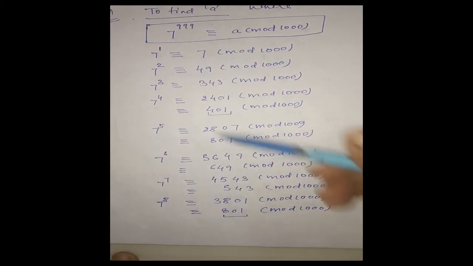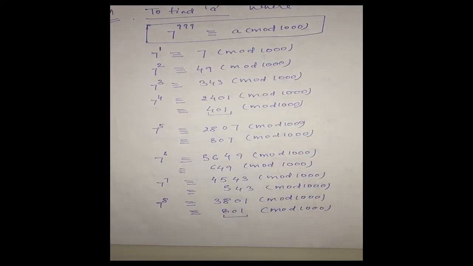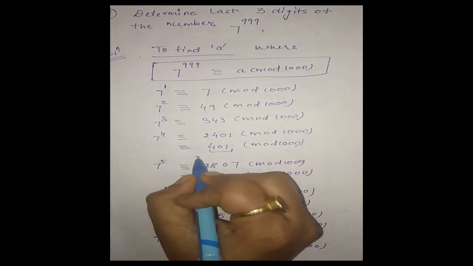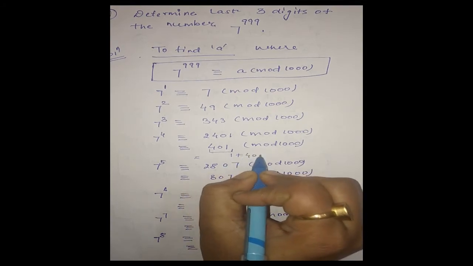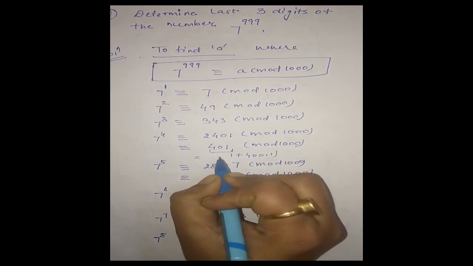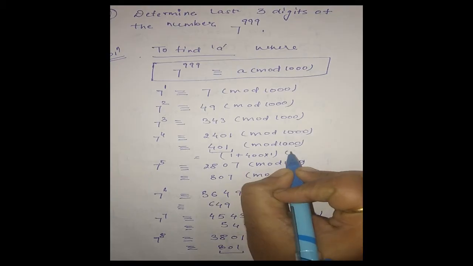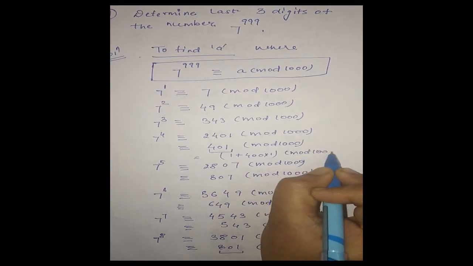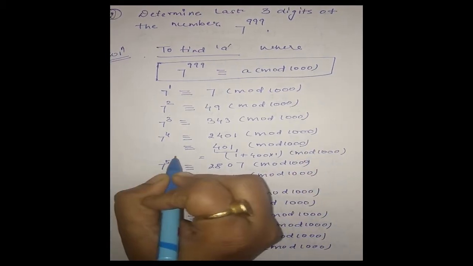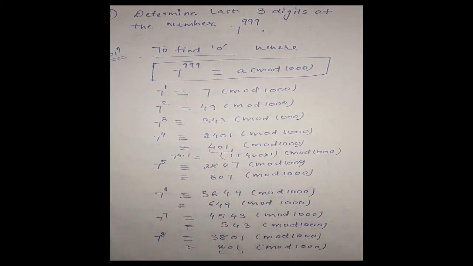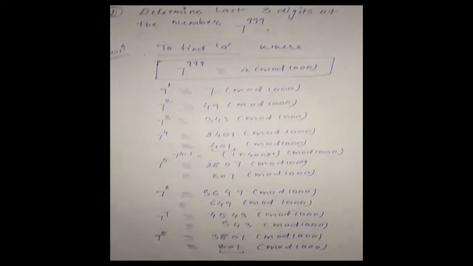Try to make a relation from these two, 7 power 4 and 7 power 8. Now this can be written as 1 plus 400 into 1 modulo 1000, and this is 7 power 4 into 1. I can write this in this form.